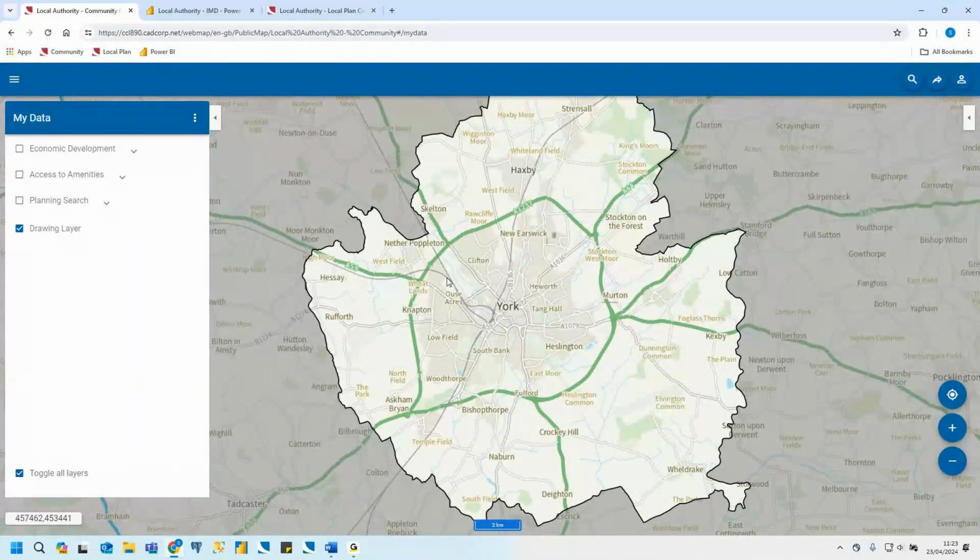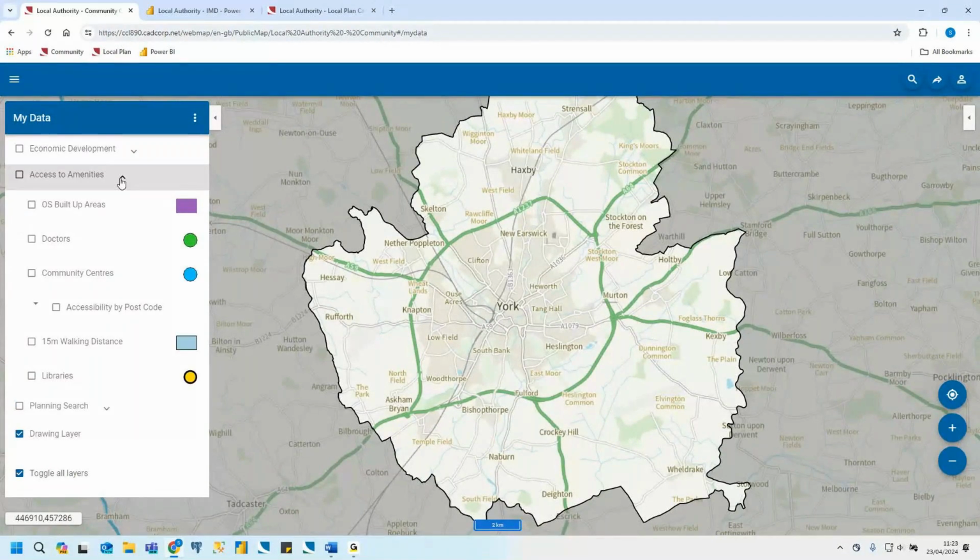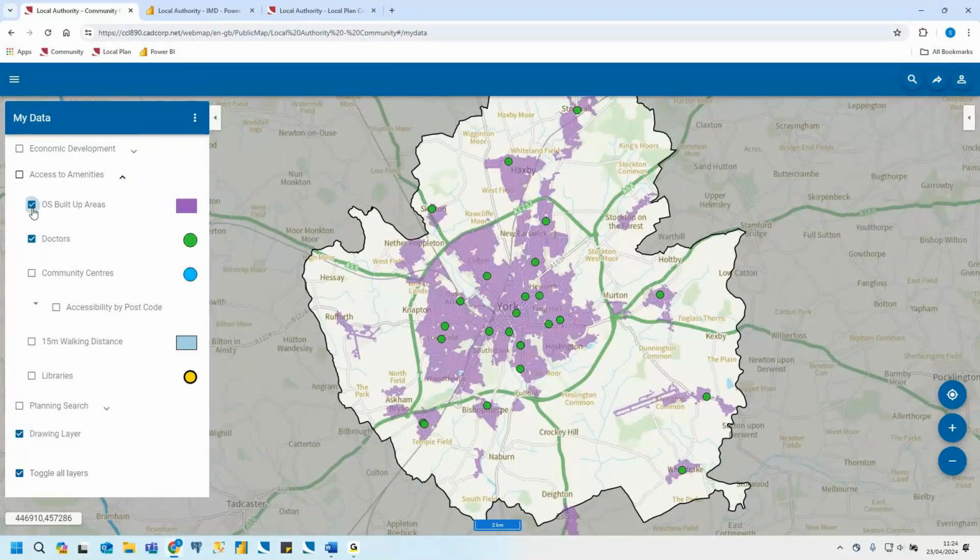Now, web mapping can of course allow you to show and analyze the availability of these amenities in your local area, and it could be as simple as just displaying their locations on the map. For context, this overlay I've just switched on shows the built up area within York.